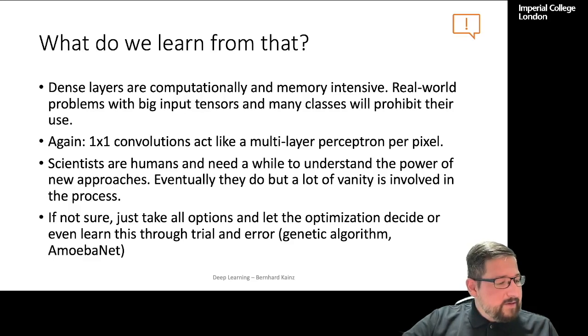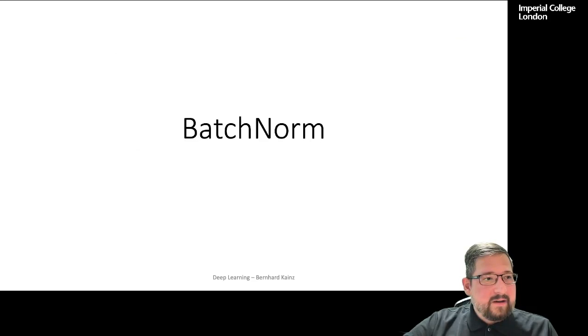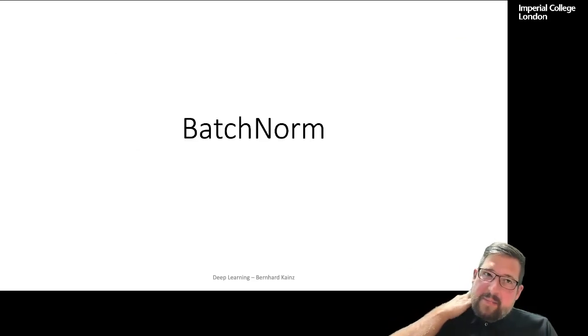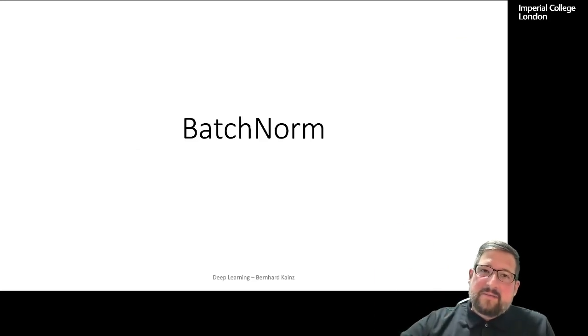A very interesting example of that process is a component of networks intended to prevent overfitting and domain shift, and that's batch norm, which was introduced around the time Inception was there.